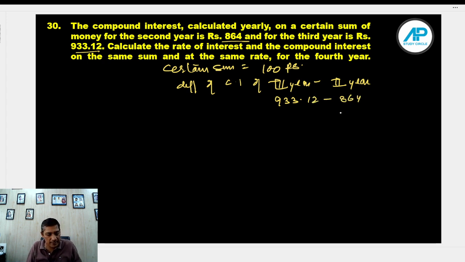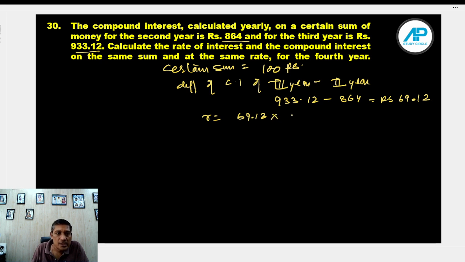So I am subtracting 933.12 minus 864, which gives me 69.12. Then the rate of interest, I told you, is difference into 100.